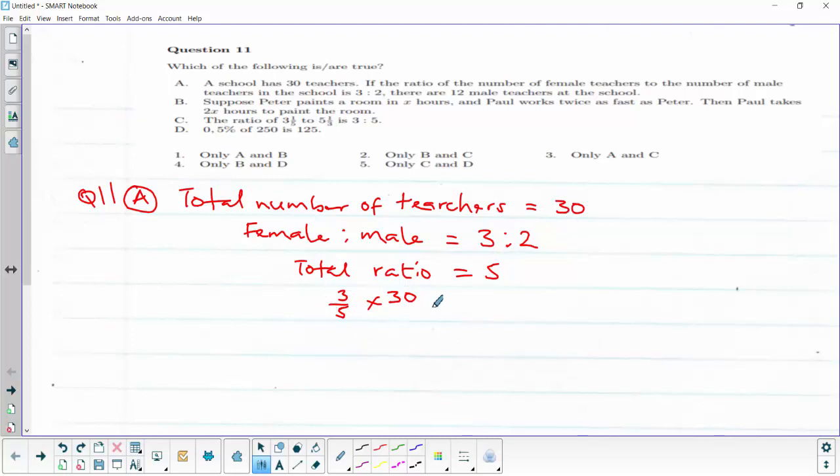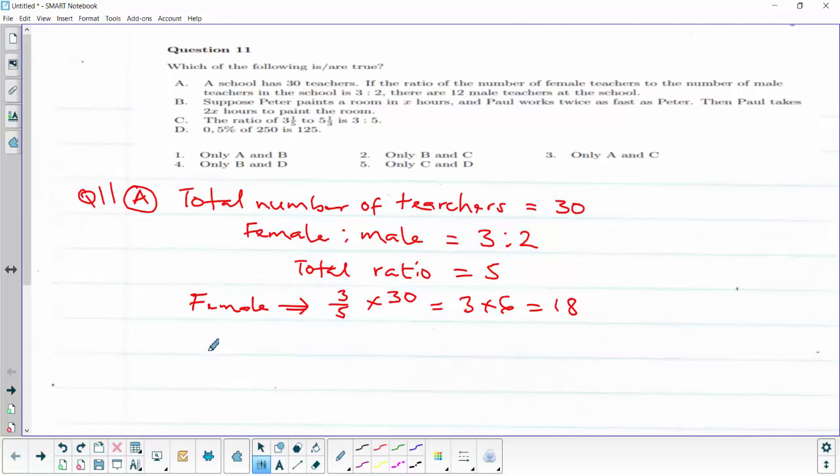So 5 goes into 30 six times. We are going to have 3 multiplied by 6, which is equal to 18. The number of female we are having is 18. So let us indicate it for female.